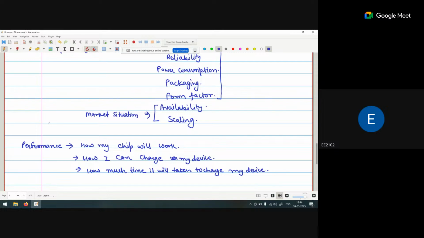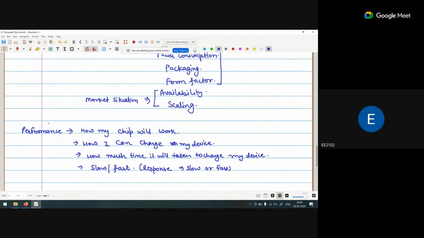Is the performance slow or fast? Basically, we say the response. Is the response slow or fast? These things define the performance of my device.